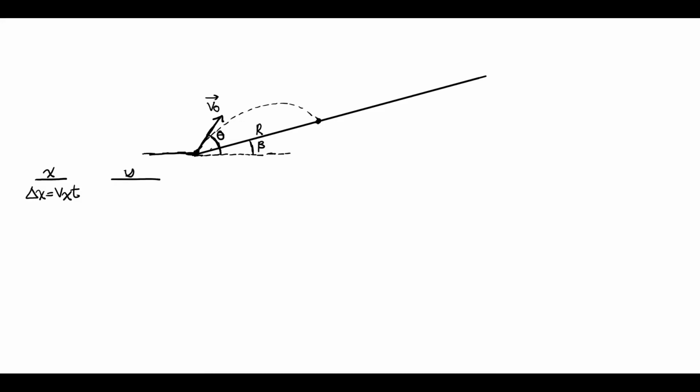Now our y equations will be vfy equals v0y plus ay t, and we also have delta y equals v0y t plus 1/2 ay t squared.